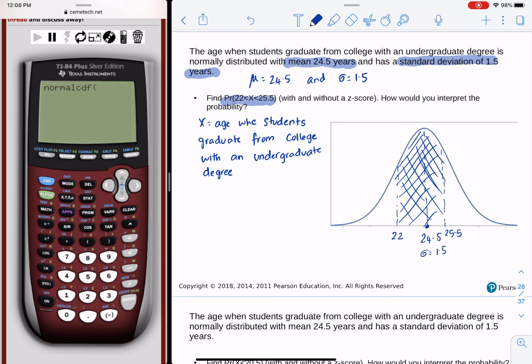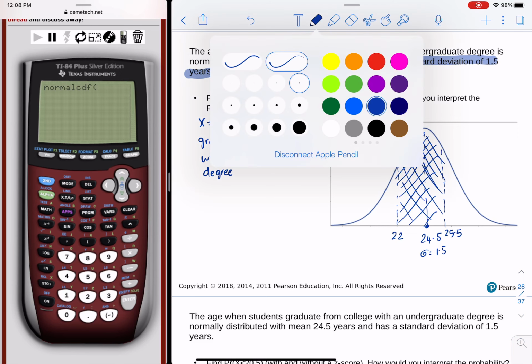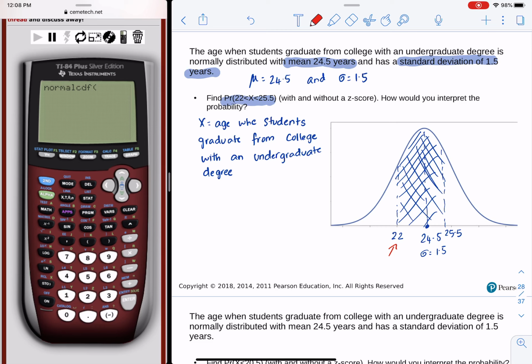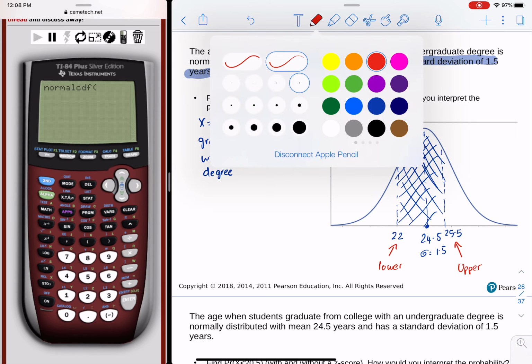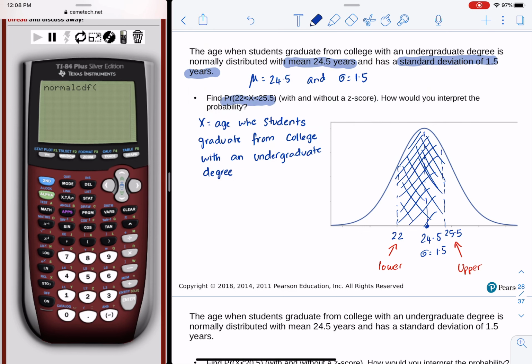The lower here is 22. The upper is 25.5. So 22, comma, 25.5, comma, the mean, which is 24.5, and the standard deviation is 1.5.